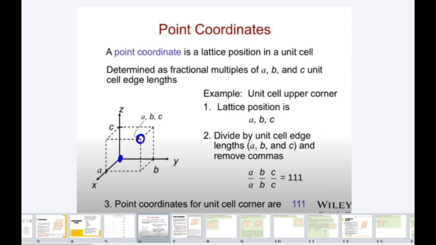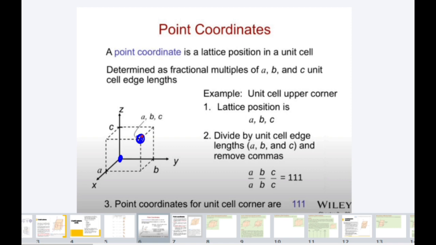Now tell me, how far is this point along a? One complete a, good. And how far in b? 1. And in z? Also 1, right? Very good.